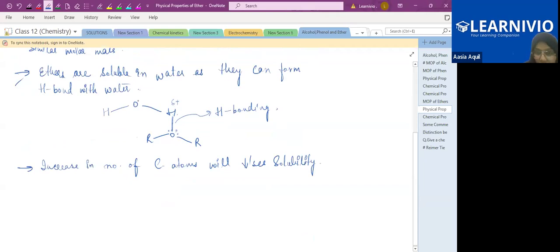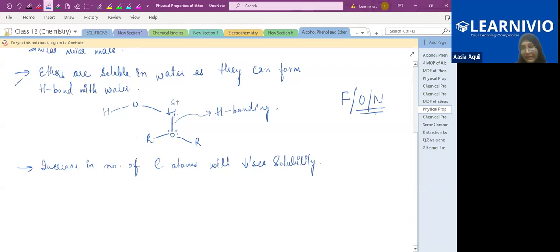This water has hydrogen bonding. You can see there is a difference in electronegativity. Hydrogen is attached to an electronegative element. What is the condition for hydrogen bonding? First condition, always remember, hydrogen होना चाहिए, and hydrogen should be attached to the most electronegative element, either fluorine, oxygen, or nitrogen.